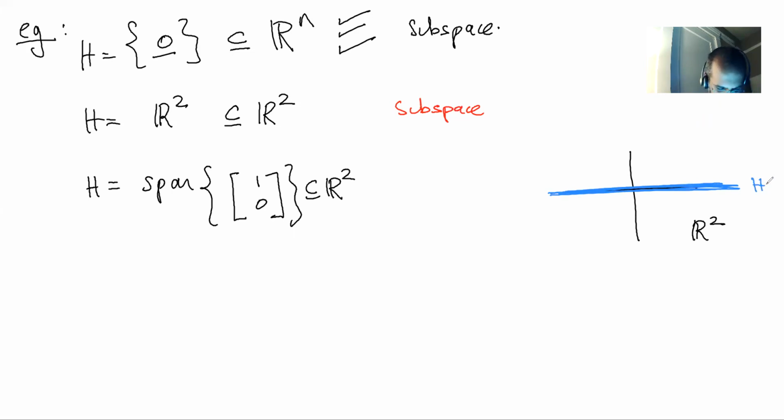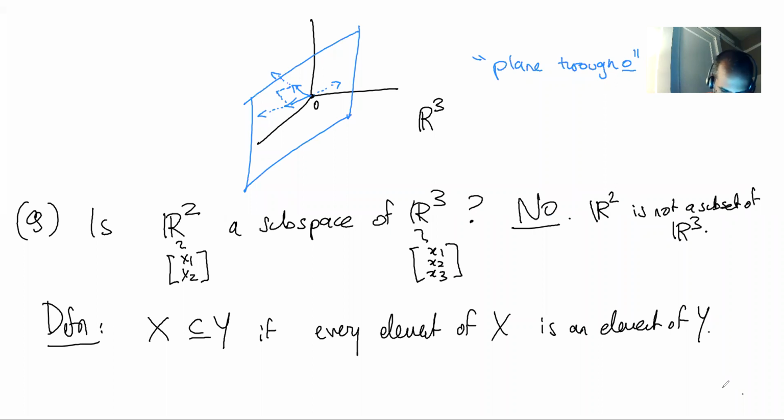It's all the vectors that are multiples of (1, 0). So is that a subspace? Yes. Anybody disagree with that? It is. You can check the 3 properties. This is a subspace.